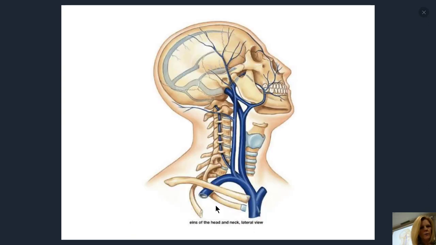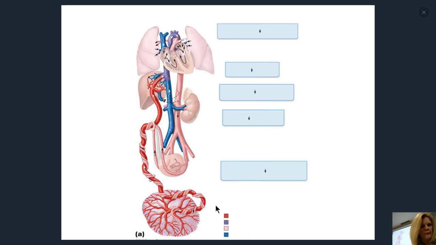And then when we get down into the fetal circulation, we have to remember arteries carry blood away from baby's heart. Veins carry blood to baby's heart. So if this is baby's heart, here's the placenta.